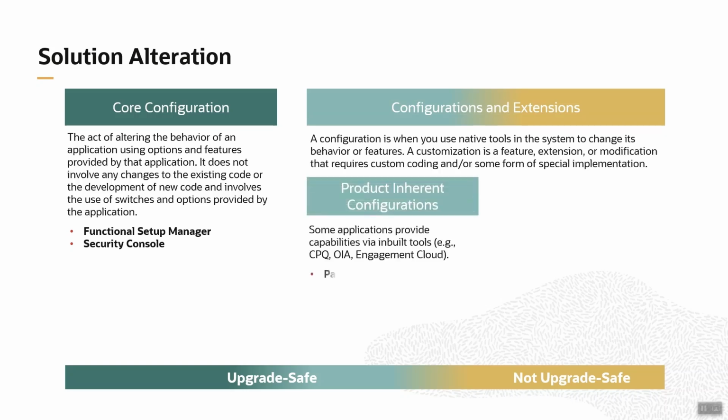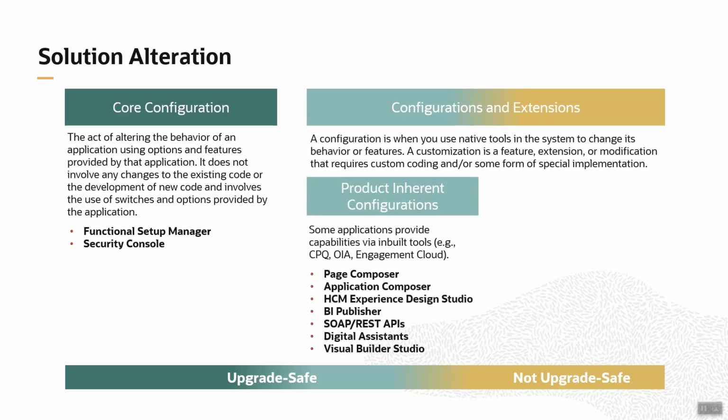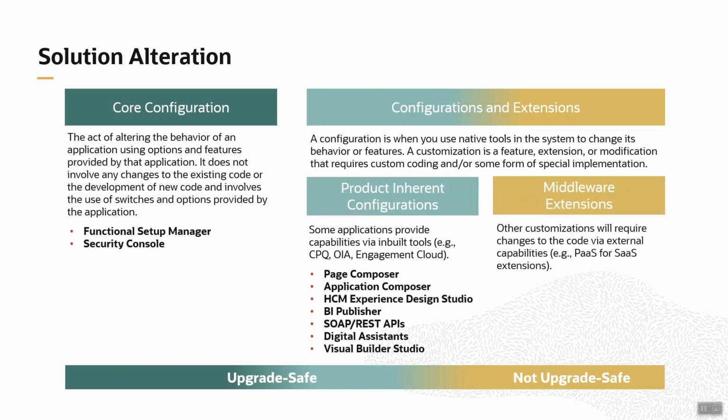Extensions and customizations should in general be avoided where possible and only added to meet a specific business objective. These extensions should consider ongoing upgrades and maintenance, and be made upgrade safe.